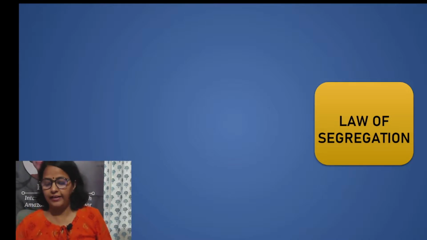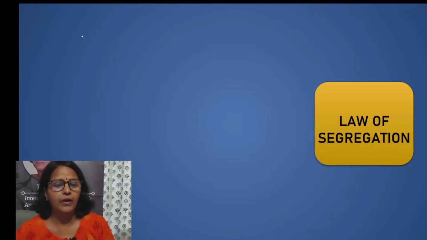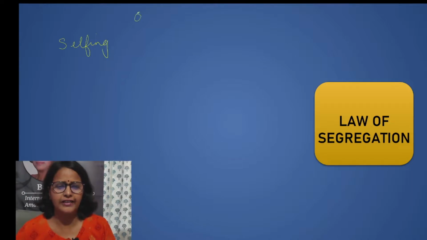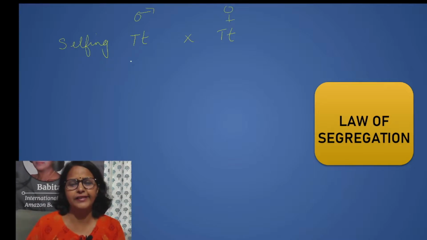Now the law of segregation. Yesterday we had talked about it. So what we will do now is selfing of what we received in F1. Let us take male, capital T, small t, female, capital T, small t. We will get different types of gametes in this.